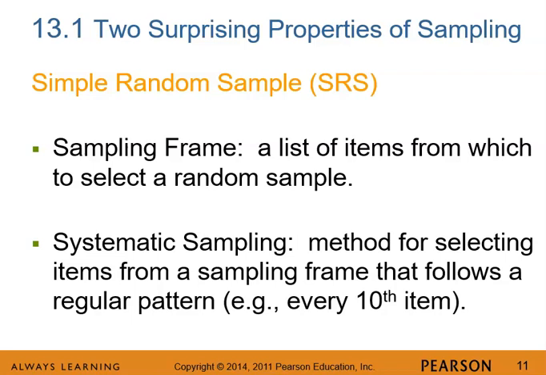And what is systematic sampling? Systematic sampling is a method for selecting items from a sampling frame that follows a regular pattern. This pattern can be determined by the researcher based on their need, and actually depends on how many samples you want to take. If you have a class of 50 students, and you need 20 samples, you can't go with every 10th item, right?